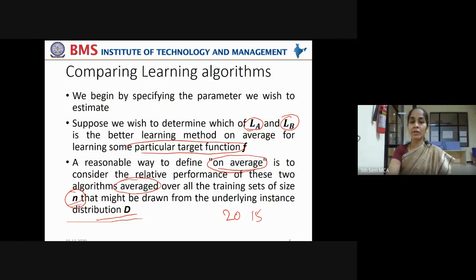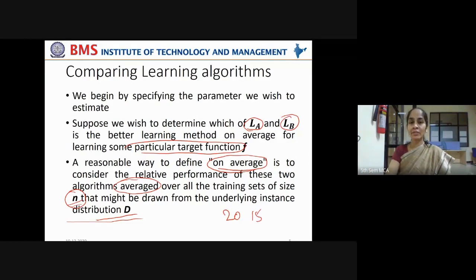Okay, so a reasonable way to define on average is to consider the relative performance of these two algorithms averaged over all the training sets of size n that might be drawn from the underlying instance distribution D. The underlying distribution is assumed to be the same. You don't have outliers. Now, when I'm taking college students' data, do I have patients' data in the middle? No, they are from the same distribution.